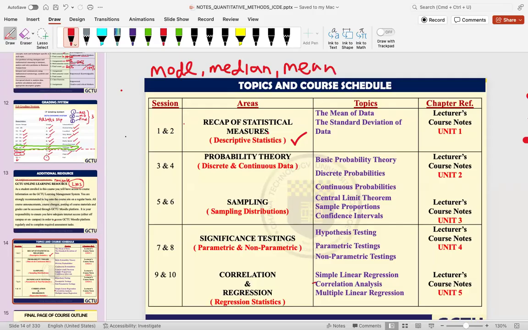Okay, so we'll go through descriptive statistics. We'll just recap with an example to help you recollect how to find the mean of data and then how to find the standard deviation of data. So this is what we are going to do in this topic.